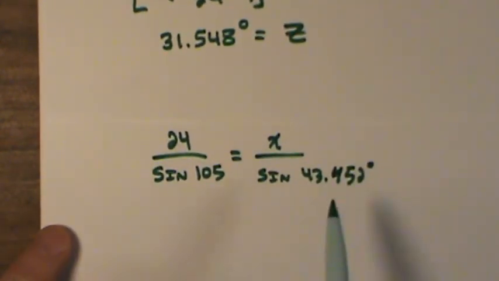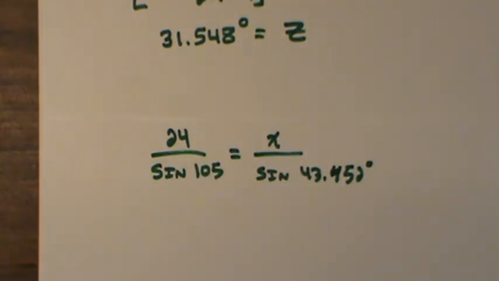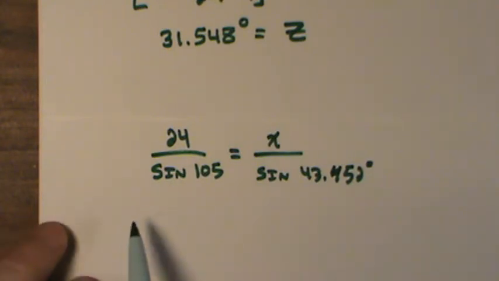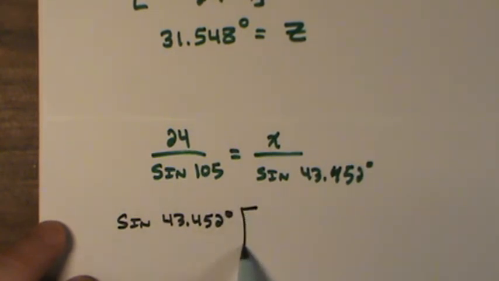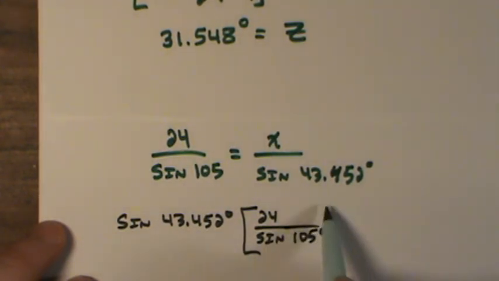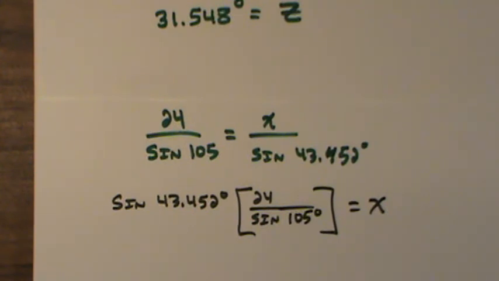And then because I'm just trying to solve for the x, I can bring all of this up. As I bring it up, I can say sine of 43.452 degrees times 24 over sine 105 equals x. And once again, I just go to my calculator.